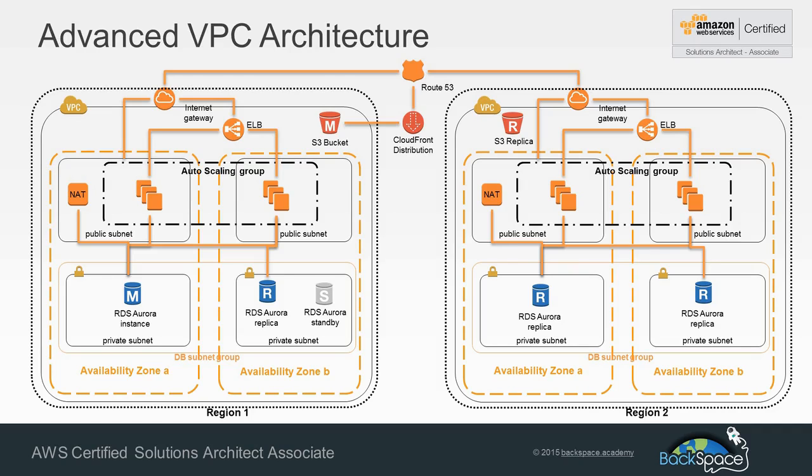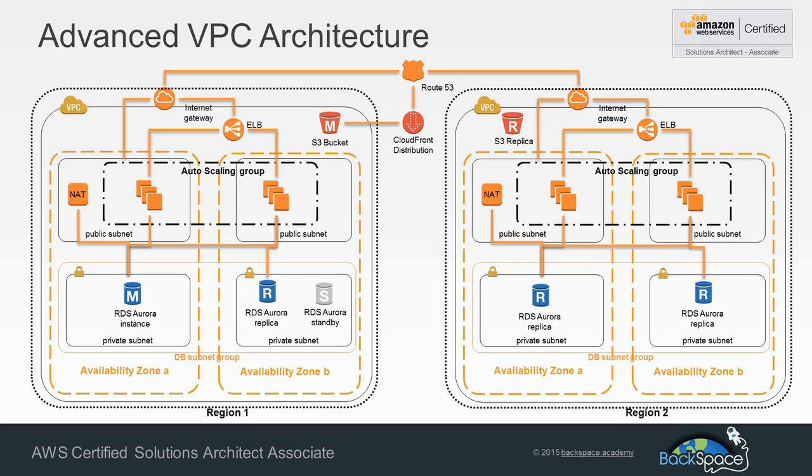Now, because our static assets are going to be located in an S3 bucket, we can use the new capabilities of cross-region replication for S3 to create an S3 replica in that new region. The same with RDS Aurora.